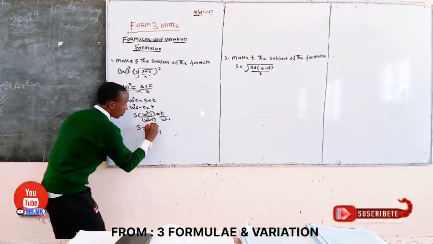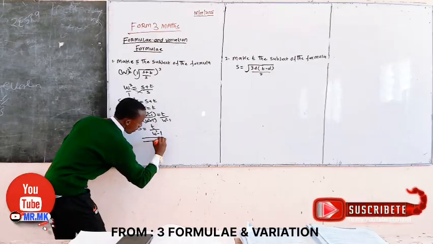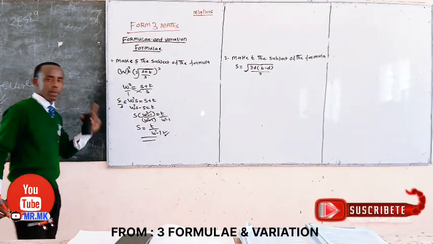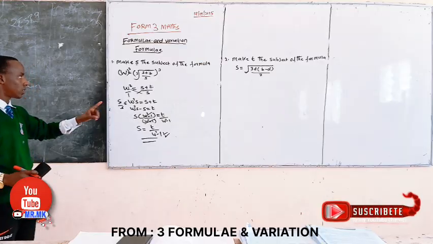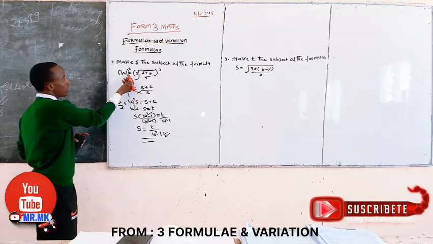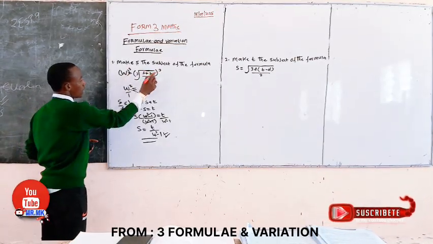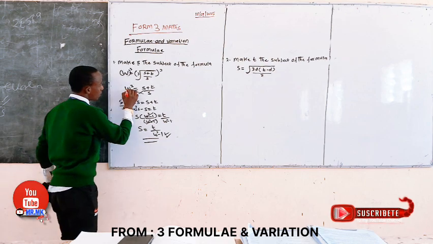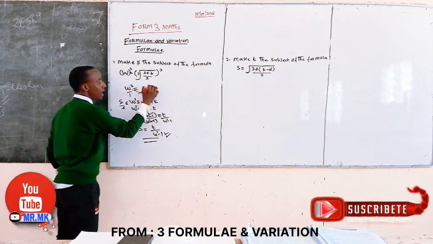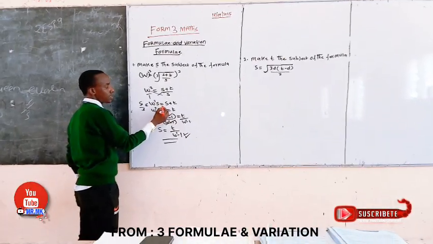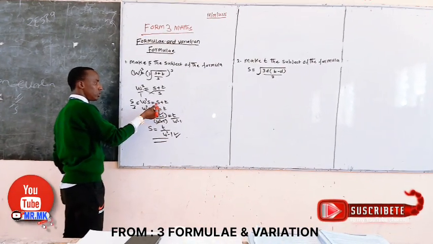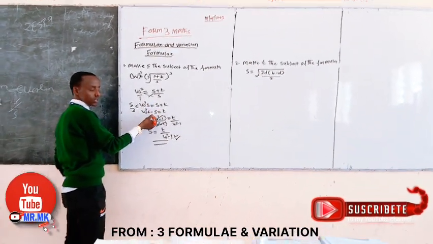T over W cubed minus 1. In this case, I have made S the subject of the formula. You just cube both sides to remove the cube root. After that, you have W cubed is equal to (S plus T) over S. You just cross multiply, W cubed S is equal to S plus T. You collect like terms by subtracting S, so it becomes negative.